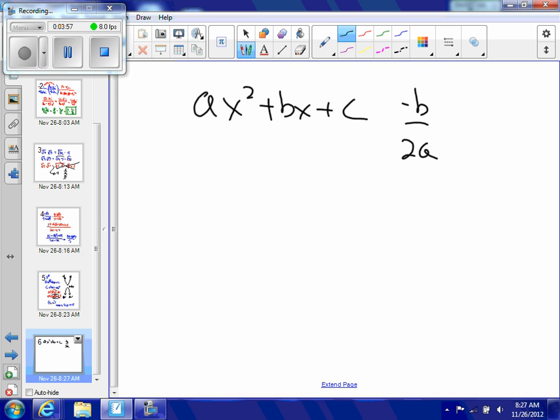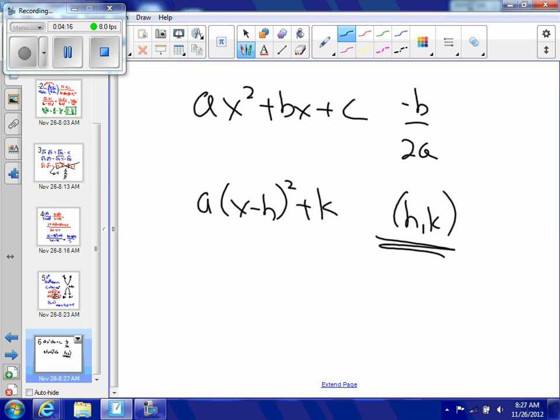If I have it written in vertex form, a times x minus h squared plus k, my vertex is h, k. No computation necessary. Once I've found my vertex, I know my minimum or maximum, because it's the y value at the vertex. Everybody okay with that? If I have my expression in vertex form, I don't have to do any calculations to find the minimum or maximum. It's the y value of my vertex.